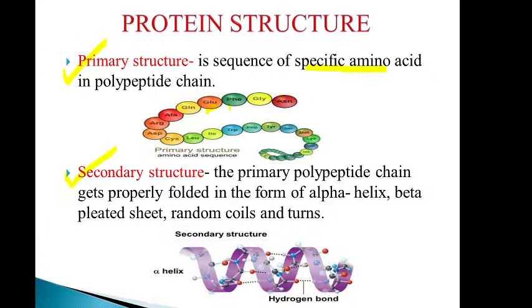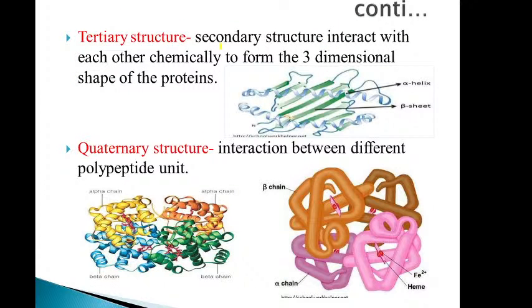What happens in the secondary structure? The primary polypeptide chain forms alpha helix or beta pleated sheets. You have already done this before. Then what is the tertiary structure basically? The chain folds chemically to form the three-dimensional shape of the protein chain.